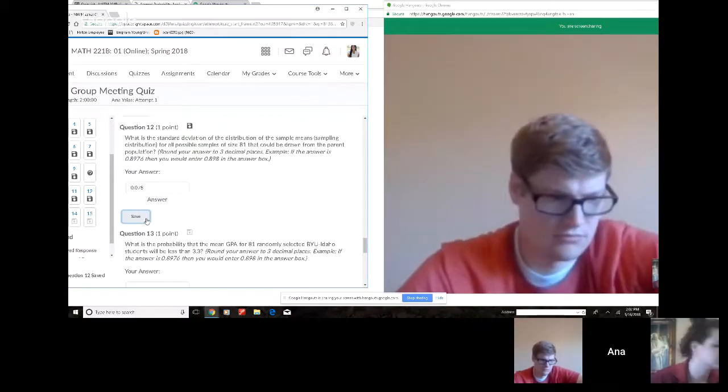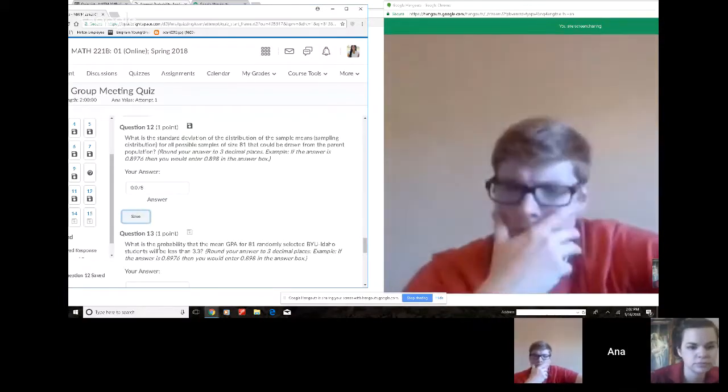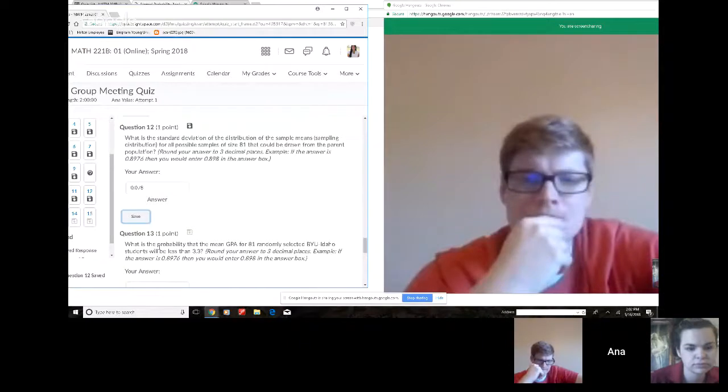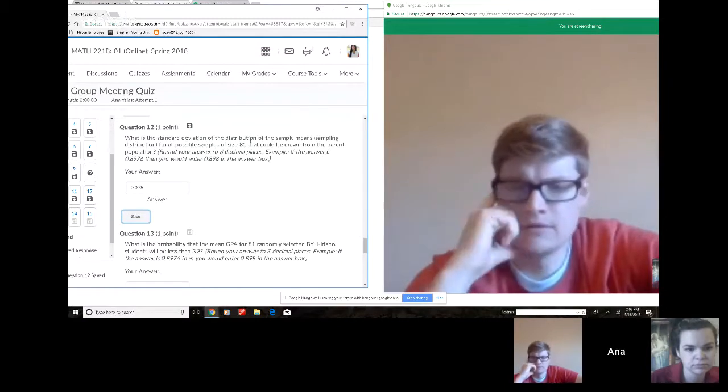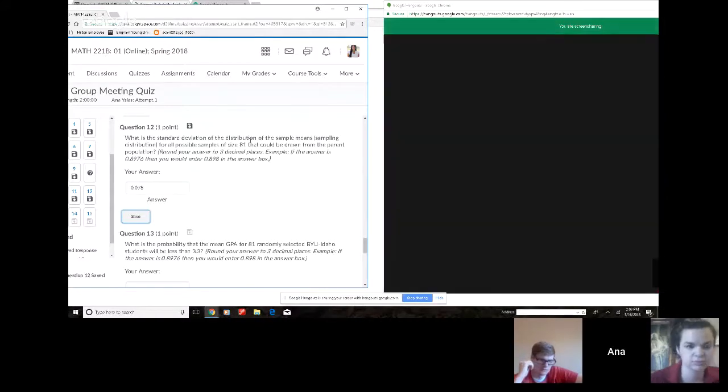Do you see how I got that? There is this formula when it's asked for the standard deviation. You put the standard deviation divided by the square root of n, which is 81 in this question.